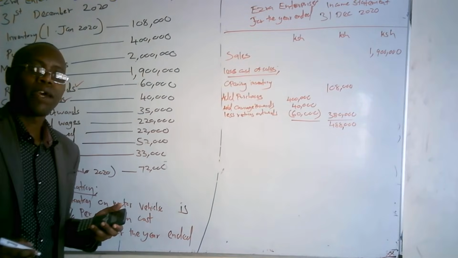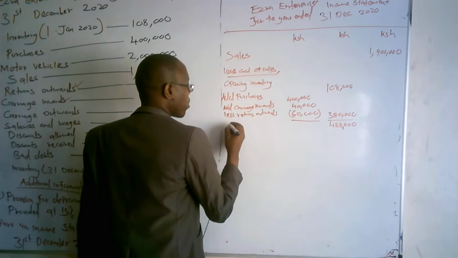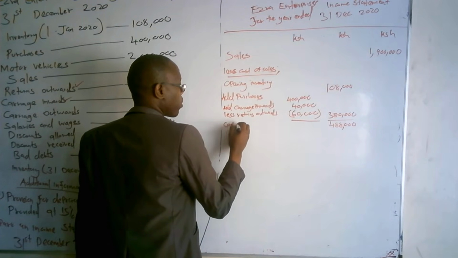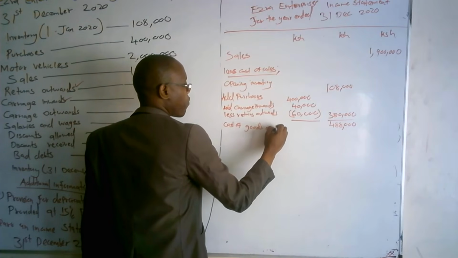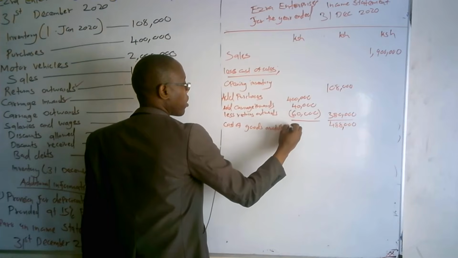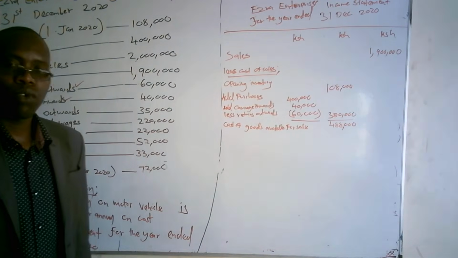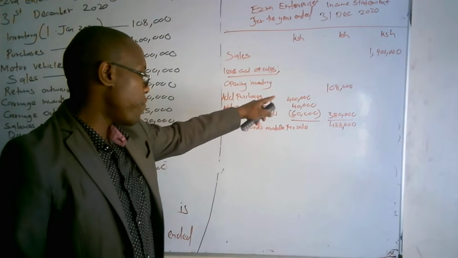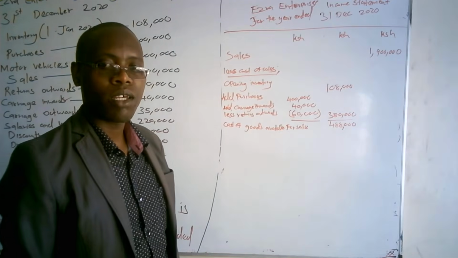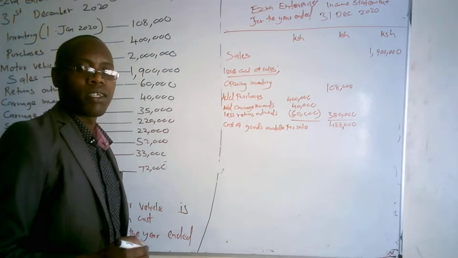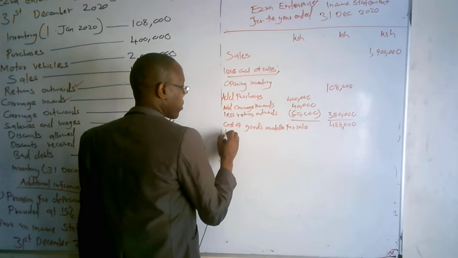So the 488,000 there is what we call the cost of goods available for sale. That's how we call it. So opening inventory plus the net purchases, you get the cost of goods available for sale, which is 488,000.